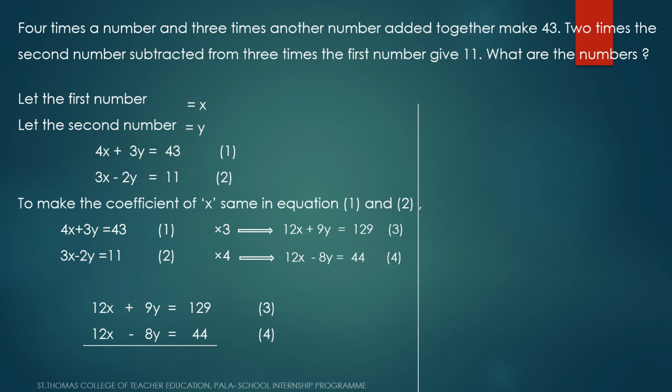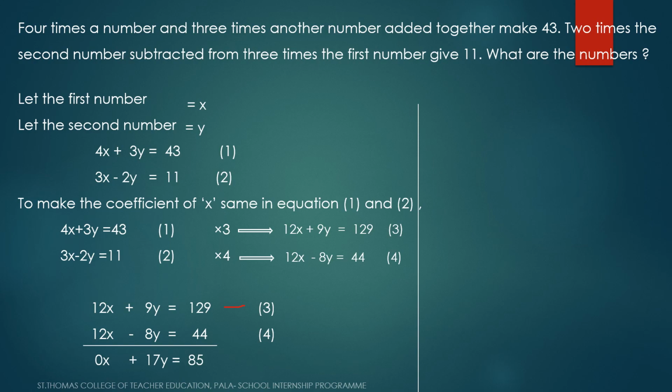Now tell me the next step. You all know. Just tell me. First of all, tell me what you are going to do, and then tell me the step. Yes, we will subtract, isn't it? So what letter gets cancelled? Yes, good. 12x and 12x get cancelled.